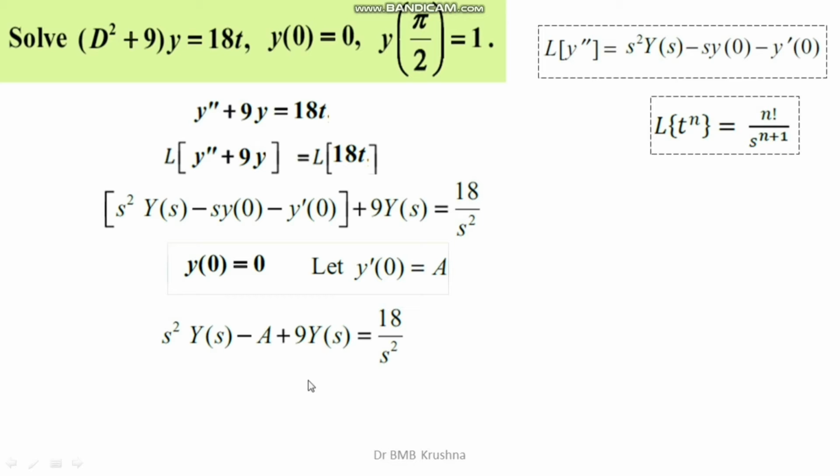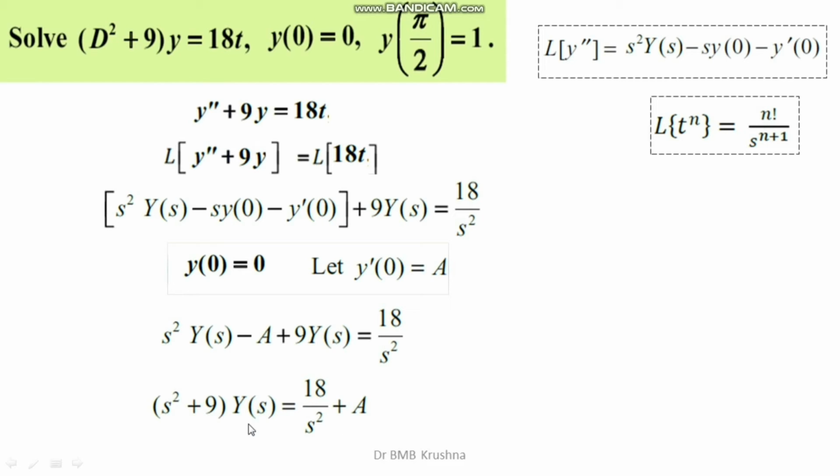To get Y of s, take Y of s common. You have s square Y of s plus 9Y of s. There are two terms on the left hand side of the expression. The resultant one is s square plus 9 times Y of s equals 18 by s square. Negative a can be brought to the right hand side.